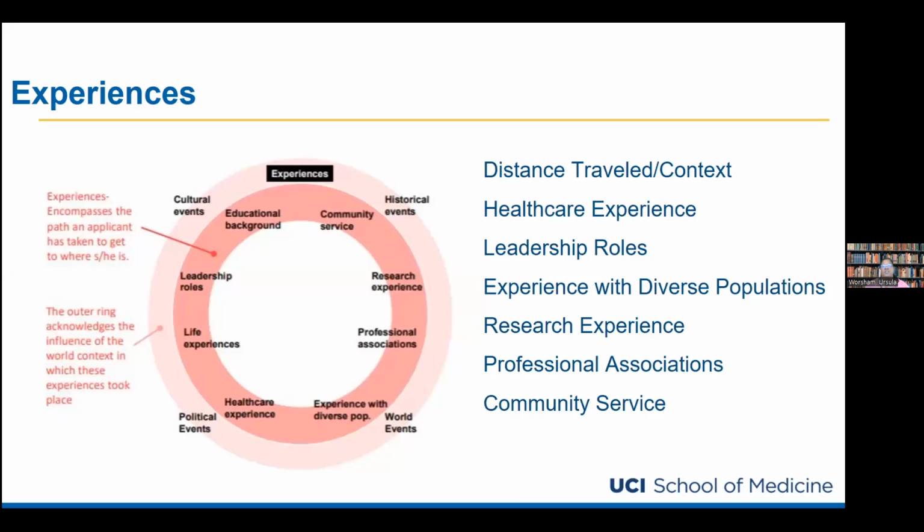So that could be a combination of leadership experience. It could be experience with diverse populations. It could be service. It could be healthcare experience beyond their medical school training. So you can determine what you want that to look like as a program, but there are some parameters that allow you to shape what those major categories will be. And then underneath those categories, you have an opportunity as a department or a program to say, okay, we value leadership roles.